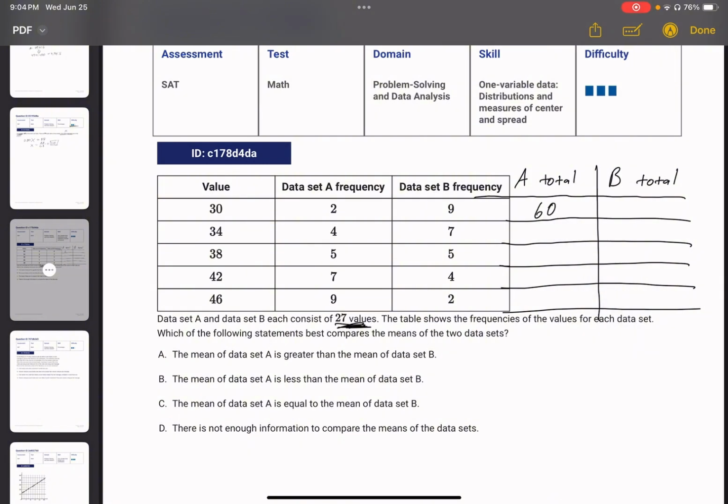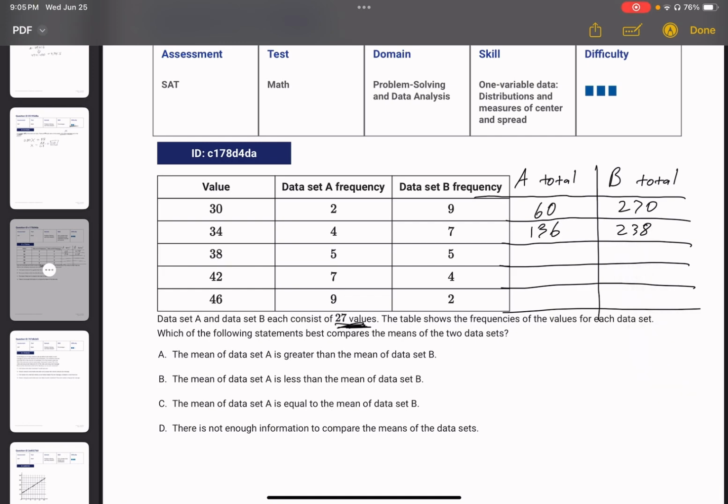For this, it's going to be 60. And then we have 30 times 9, which is 270. And then we have 34 times 4, which is going to be 136. And then we have 34 times 7, which is going to be 238.